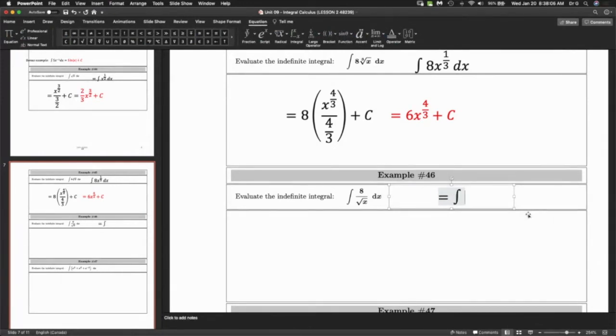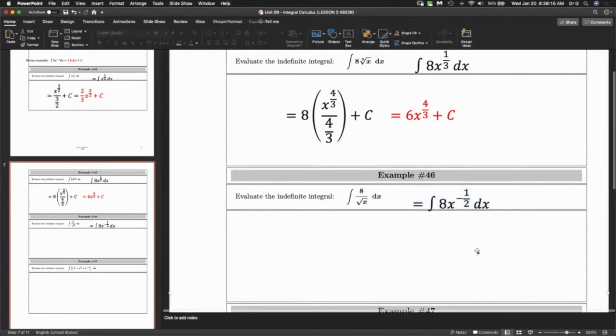So we have the integral of 8x to the negative a half dx. So in this case, again, it's like the previous one.